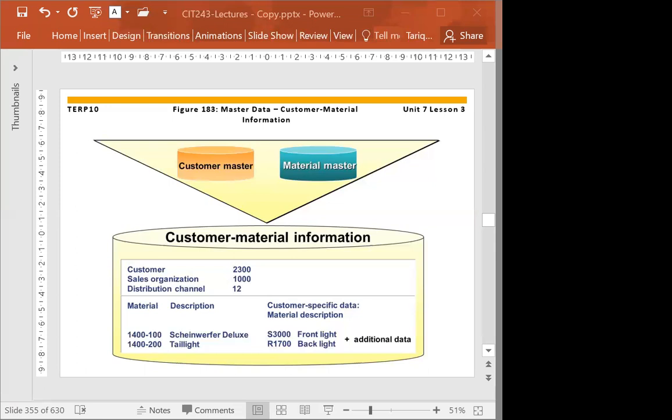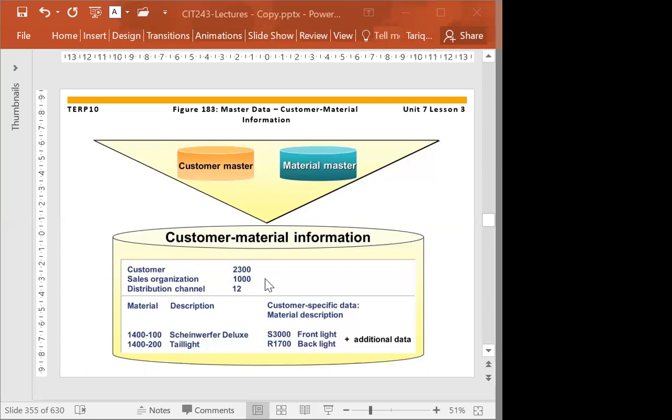So what SAP has done is, when we save our transaction, for example a sales order, which has the customer number and the material that the customer is buying from us, it saves it as master data. The next time, if the same customer asks for the same material, we can just pull the information from one table instead of going through two or three different tables, the condition, the customer information and the material information.